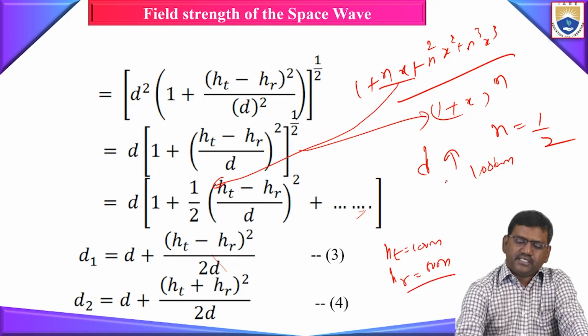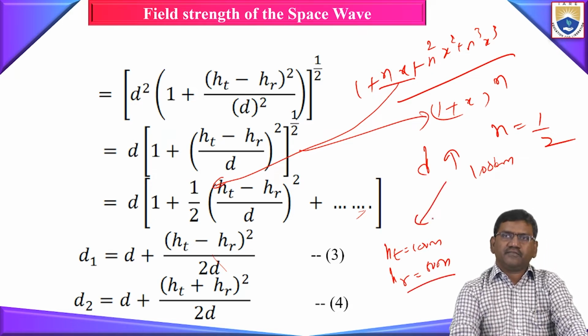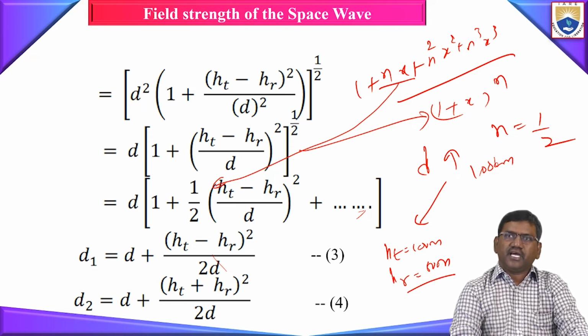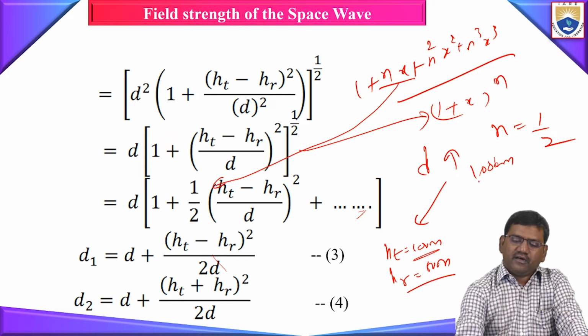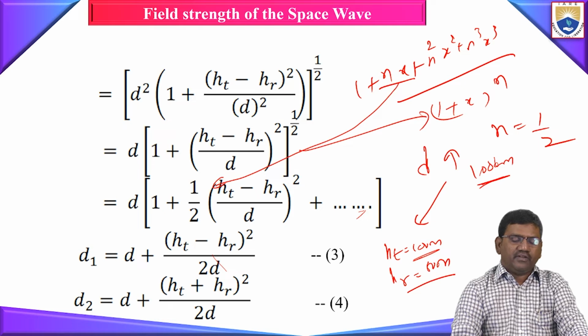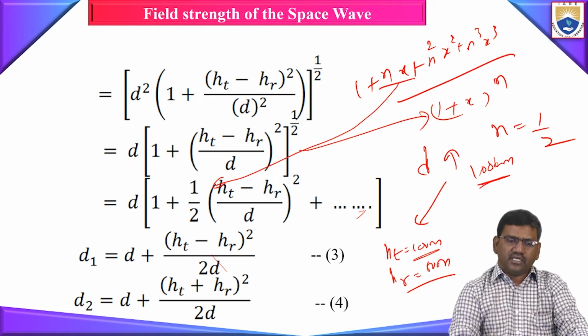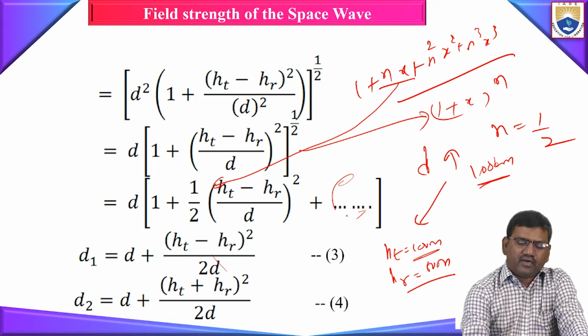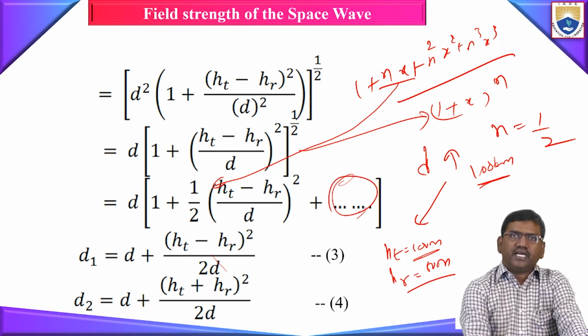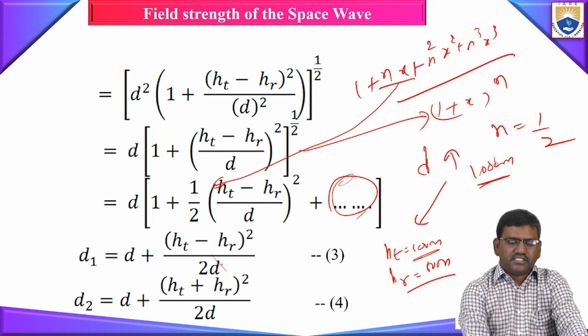So when we compare the distance with the heights of the antennas, the distance is very large, around 100 or 500 kilometers. When we divide the height of the transmitting antenna by the distance, we get a smaller value. Hence the higher order terms can be ignored. So, neglecting them, we can write d1 is equal to d plus (HT minus HR) whole square by 2d.